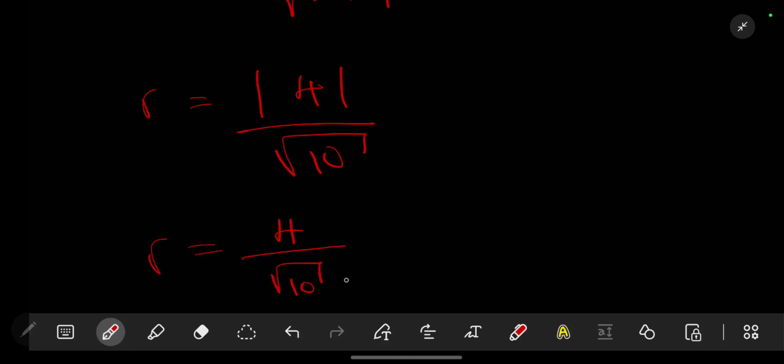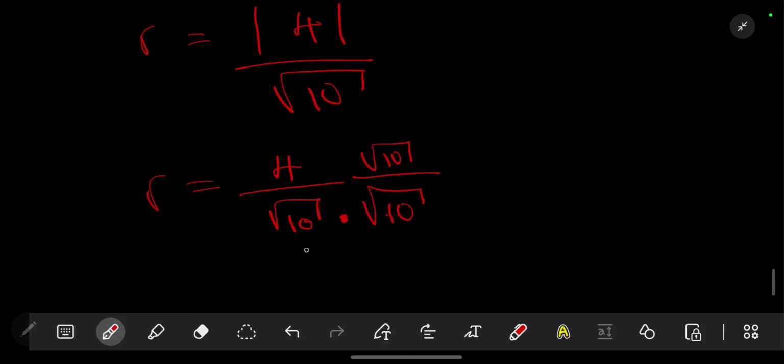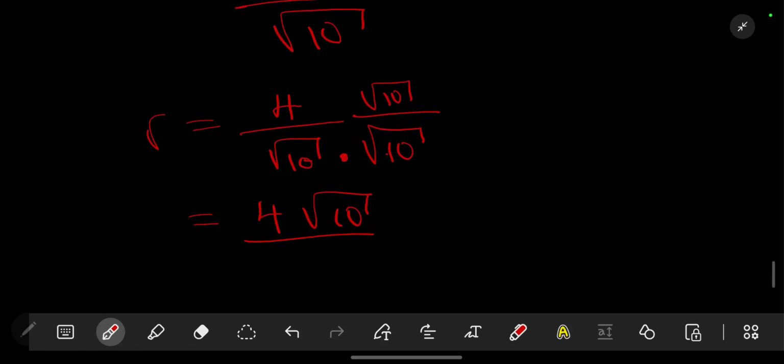So lecturers want to complicate things, so they want the equation to be rationalized. So you introduce the root of 10 on both numbers, so that root 10 times root 10, if the root is the same, this and this goes, and you just maintain what is inside. So it will be 4 root of 10 over 10, like that. 4 divided by 10 is, 2 can enter into 4 2 times, 2 can enter into 10 5 times.